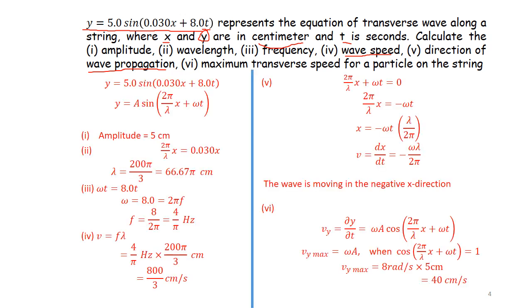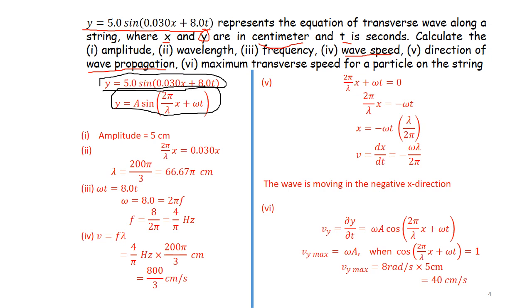So you have the equation y is this. So you look for a very close one on the list of expressions given earlier in the last video. You look at the list and you compare. From here you see that the amplitude A is 5 centimeters.